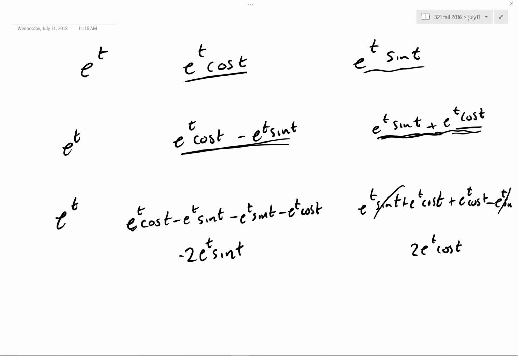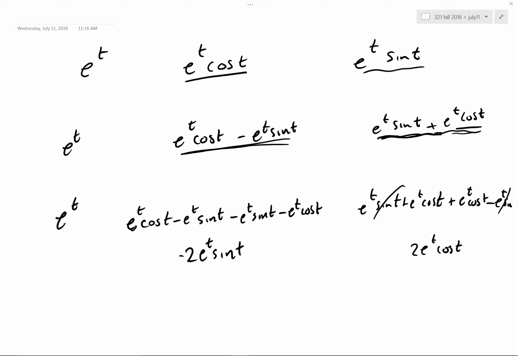Where did I leave off? 2 e to the t cosine t plus e to the t sine t, and then e to the t, e to the t, and e to the t cosine t, minus e to the t sine t, minus 2 e to the t sine t. All right.